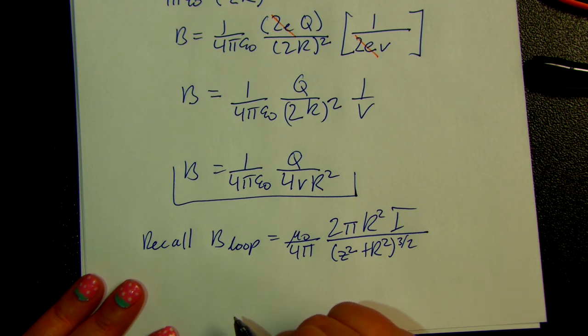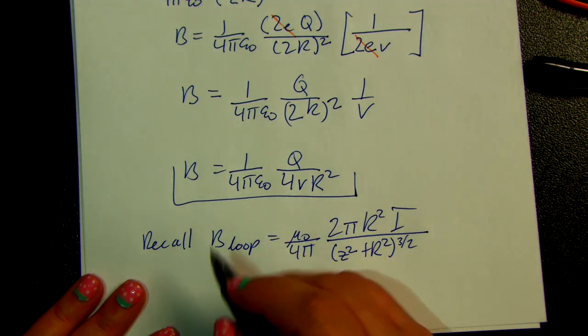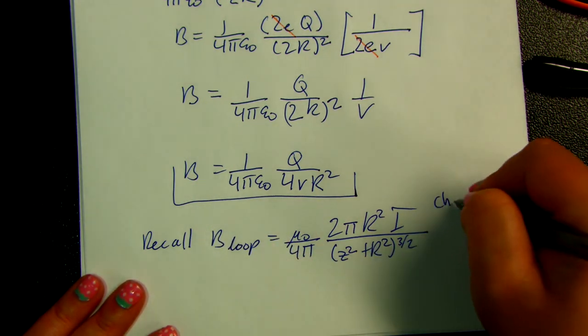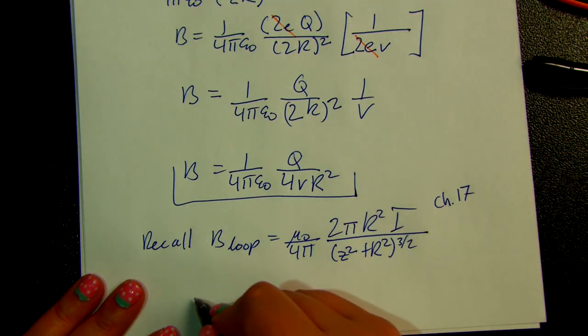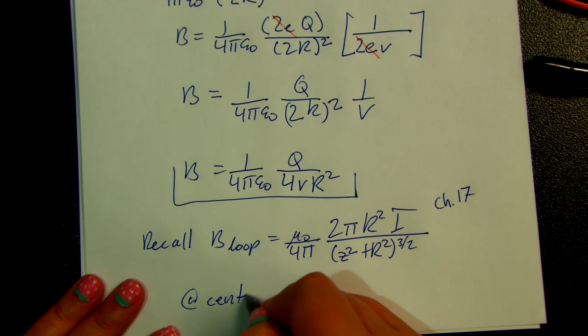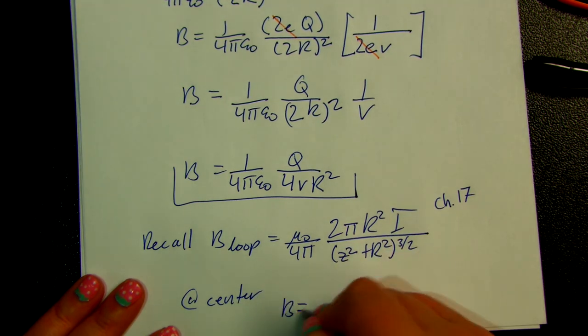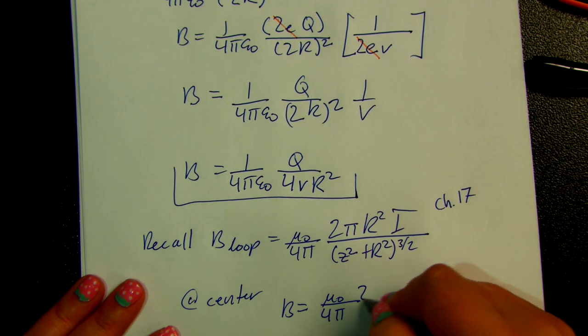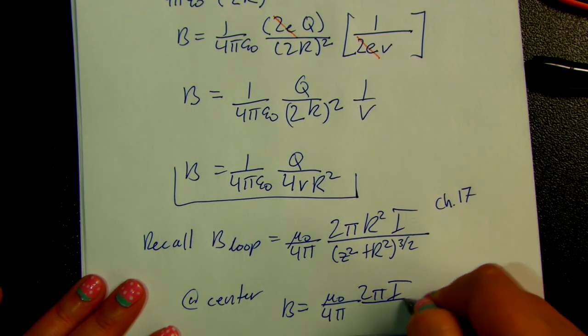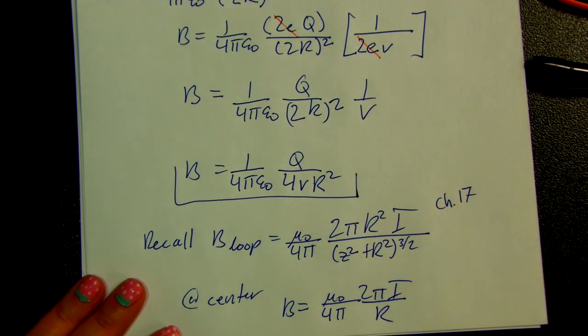And at the center, B is equal to mu naught over 4 pi, 2 pi I over R.